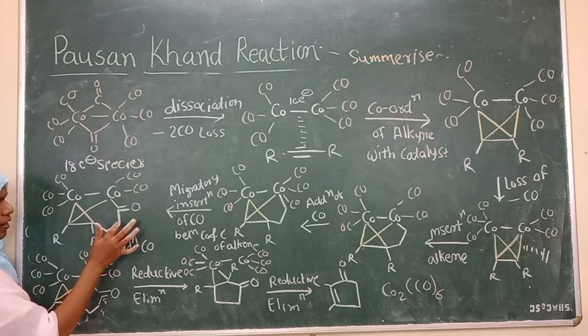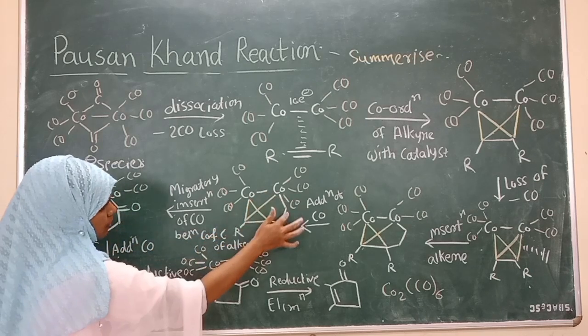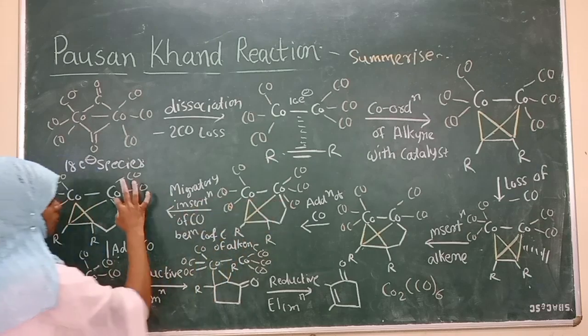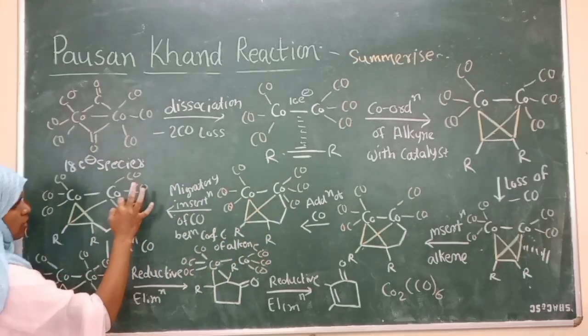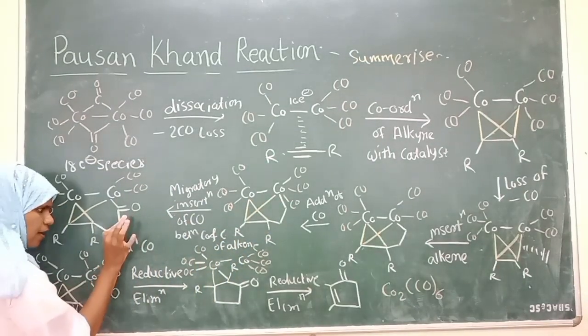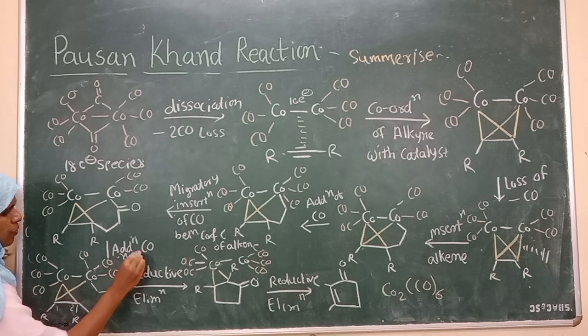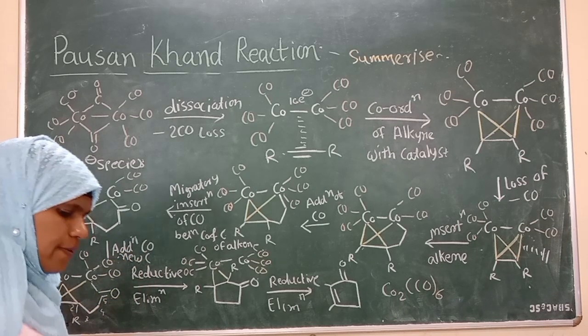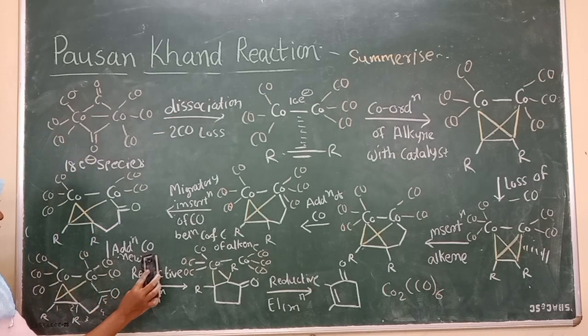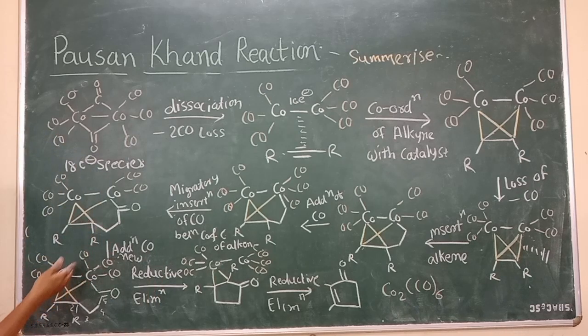The cobalt and alkene bond will break again, and a new bond forms between the carbonyl and the alkene carbon. Then again a new CO molecule is added.